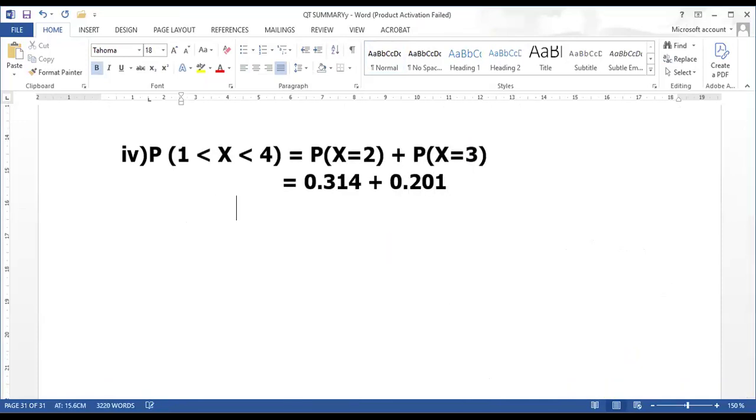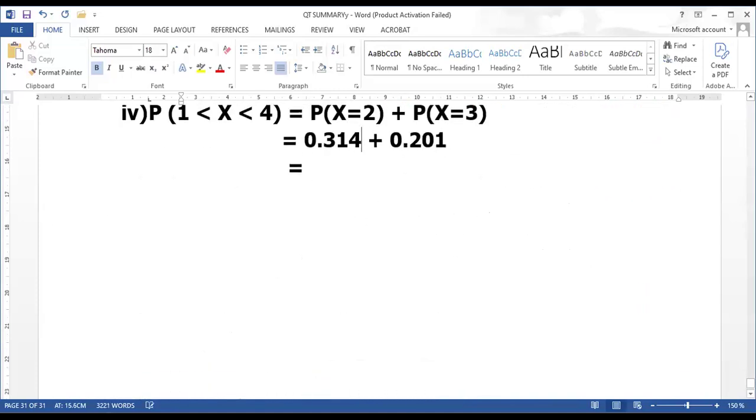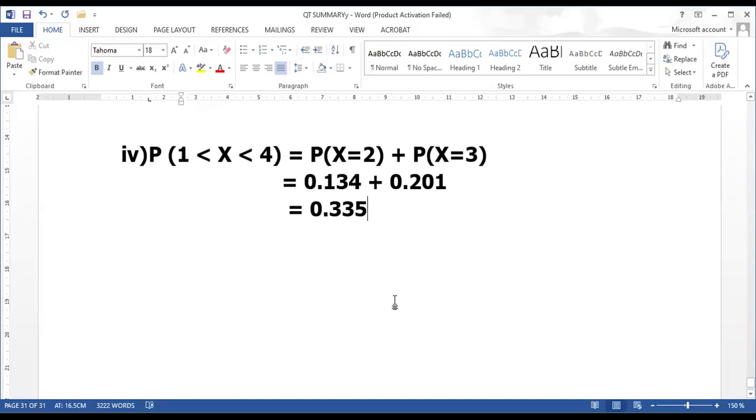And what do you get? When you get the probability of x is equal to 2 plus this, what do you get? 0.335. And that is your Roman 4, you are done.